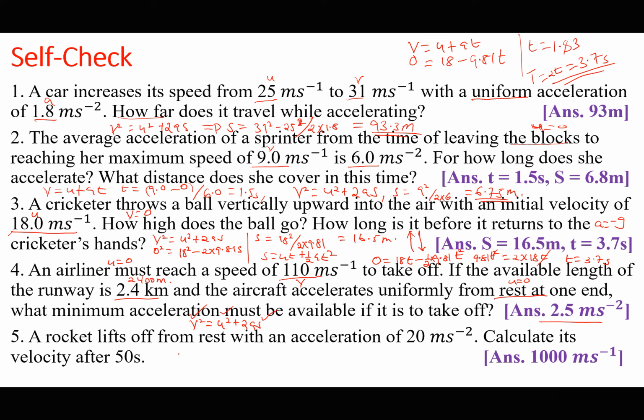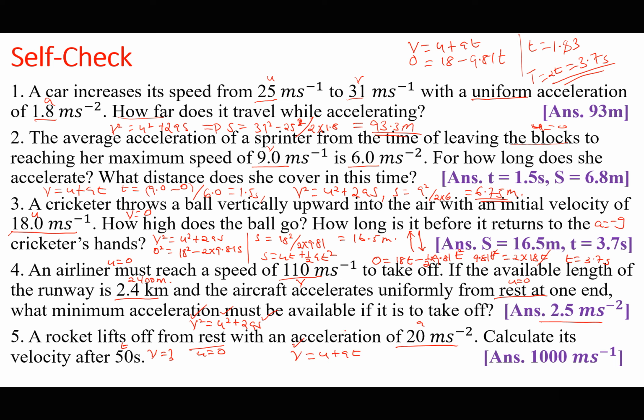A rocket lifts off from rest, which means initial velocity is 0, with an acceleration of 20 meters per second squared. So that is a. Calculate its velocity. So we want to find v in a time of that. You have acceleration, you know initial velocity, you know the time. So you can use v equals u plus at.